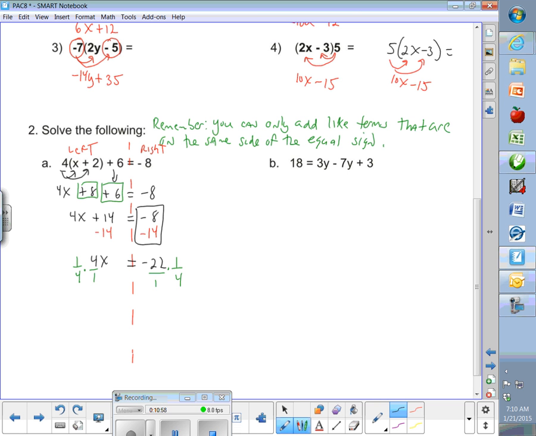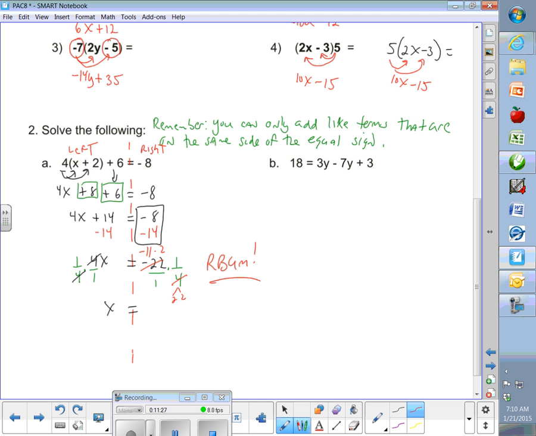So on the left, the 4's divide out, leaving the x all by itself isolated. On the right, we have two fractions, right? But you're not going to forget our bum, are you? Let's reduce before we multiply. A 4 is a 2 times 2. And a negative 22 is a negative 11 times 2. And remember, guys, I'm trying to get you to think about the signs of your answer.